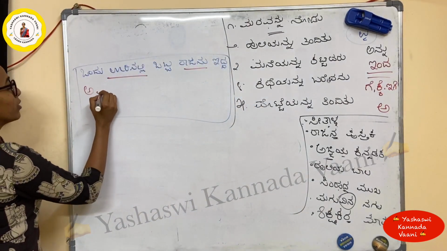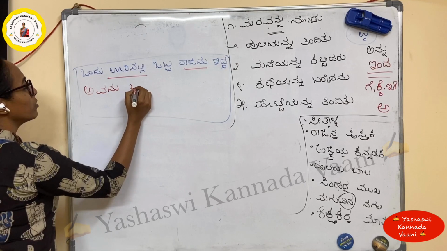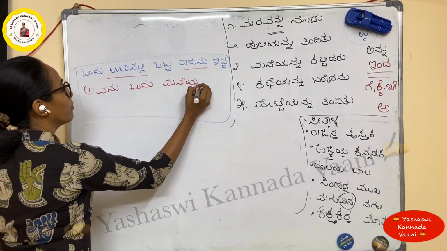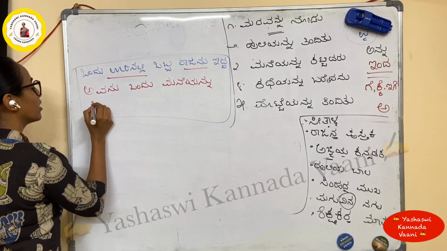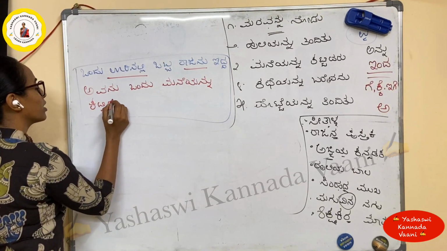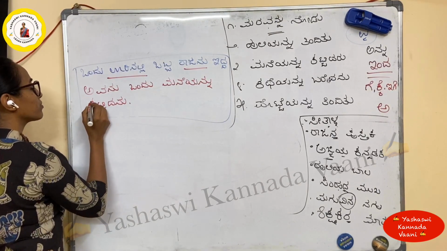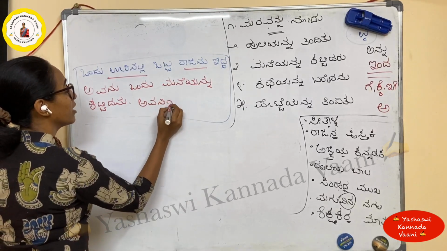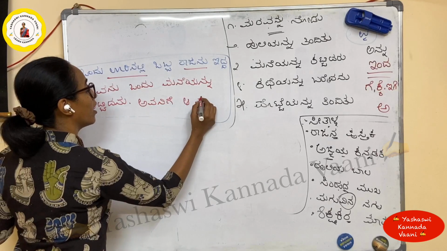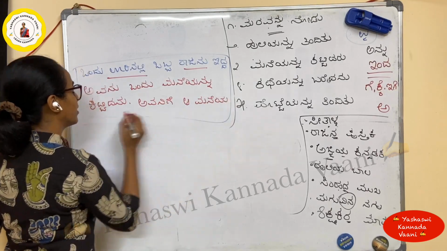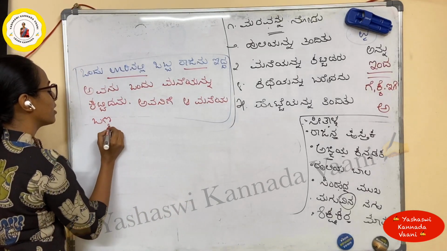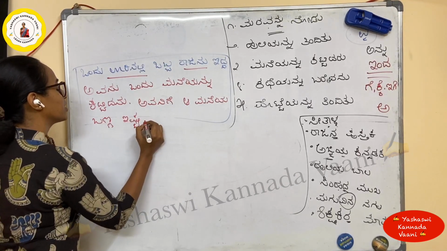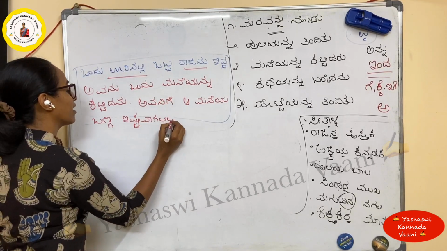ಅವನು ಒಂದು ಮನೆಯನ್ನು ಕಟ್ಟಿದನು. Sorry, my handwriting is not so good. ಅವನಿಗೆ ಆ ಮನೆಯ ಬಣ್ಣ ಇಷ್ಟವಾಗಲಿಲ್ಲ.